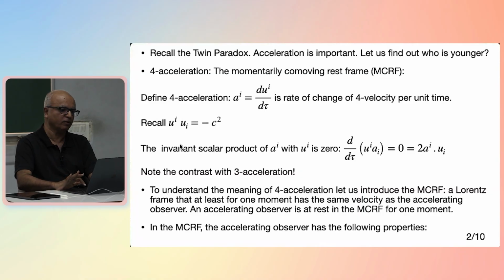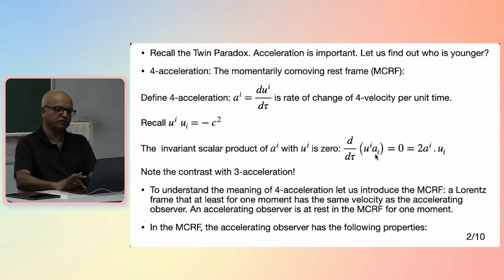This is very simple. The invariant scalar product of the 4-acceleration with the 4-velocity is 0. Oh, I made a mistake. This is not a^i, this is u^i. Please correct it. I'll correct it in the notes. u^i u_i is a constant, minus c². d by dτ of it is hence 0, because this is a constant, its derivative is 0.